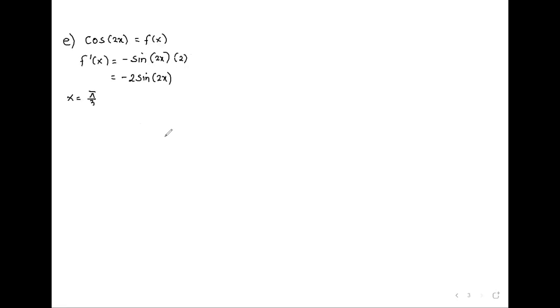This is 60 degrees. So we collect data. We say f prime of pi over 3 is negative 2 sine of 2 pi over 3.